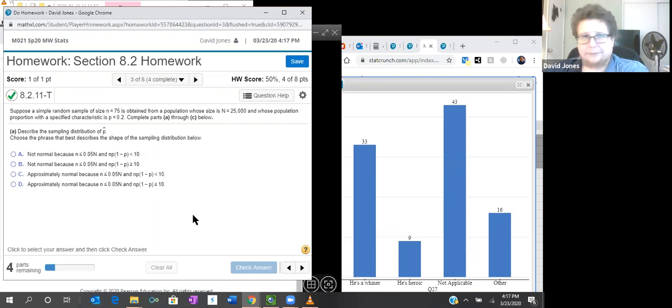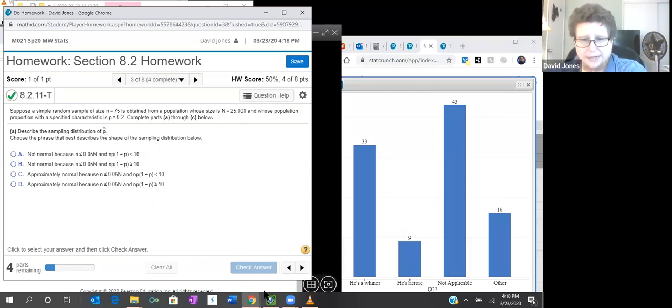That's our big N. And whose population proportion with a specified characteristic is p equals 0.2. They surveyed all 25,000. They know the exact answer for the proportion. Describe the sampling distribution of p hat.